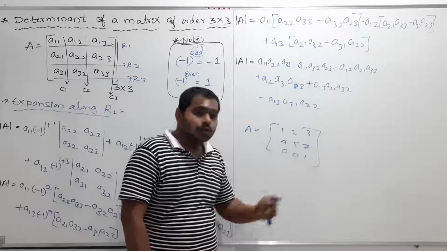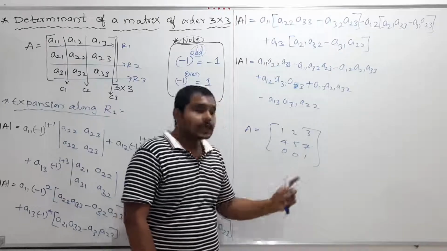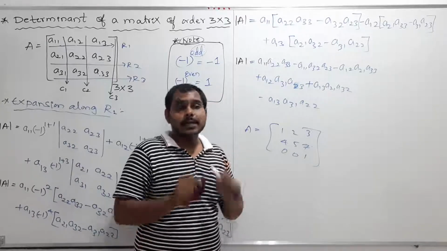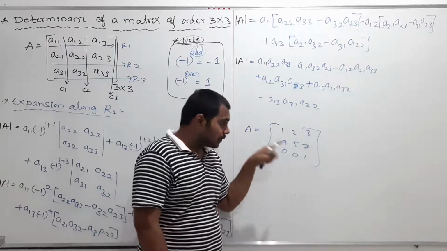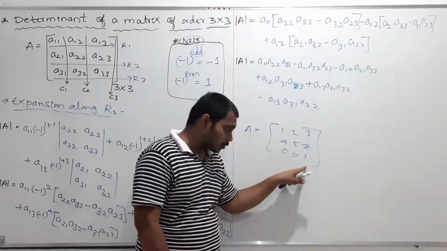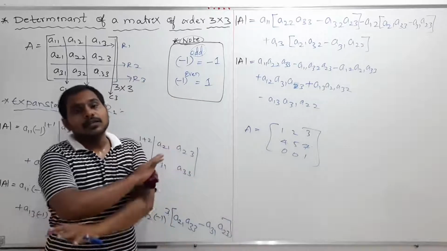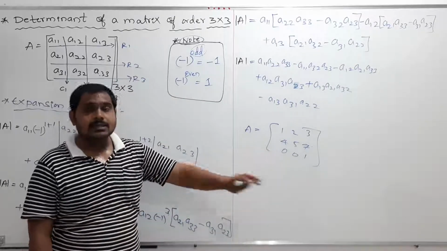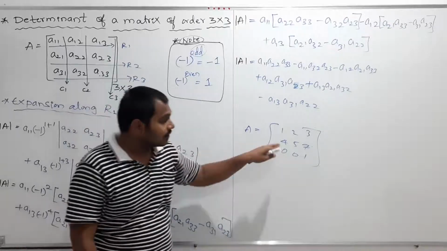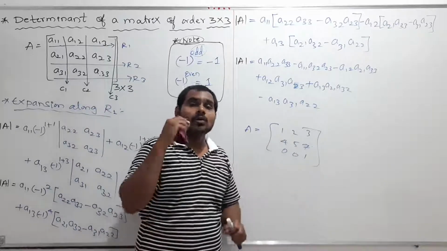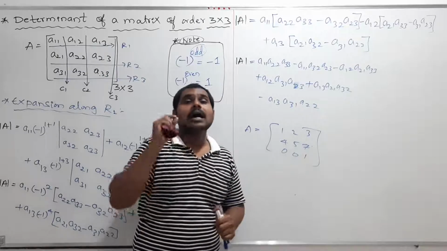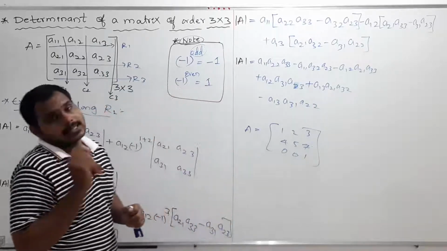If you expand by row 2, also okay. If you expand along row 3, that is also okay. But to avoid calculation, if you expand along row 3, the calculations will be easier. There is no harm to the answer. Whatever answer you get, along row or along column, however you expand, the answer will be the same.